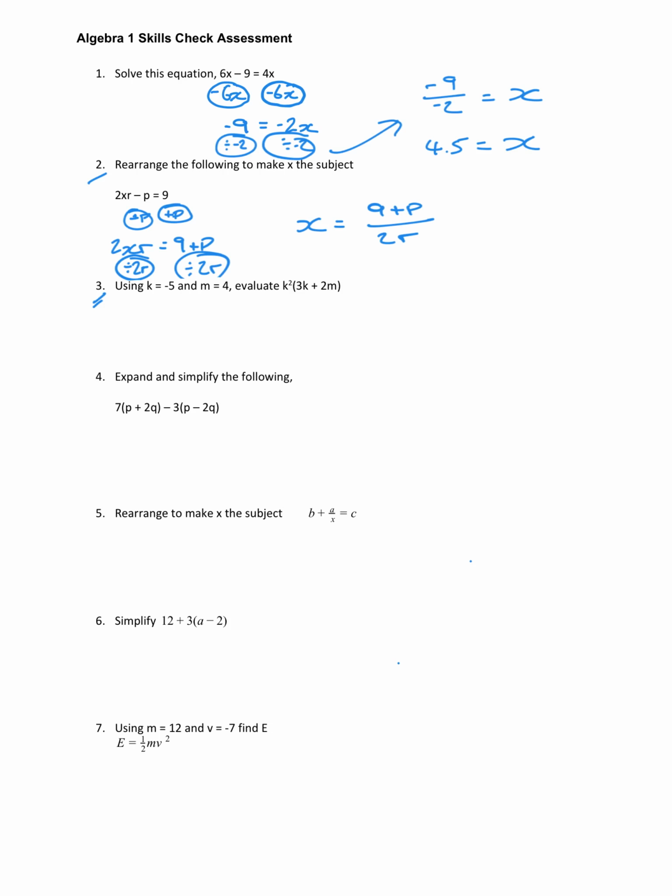So instead of k, we've got minus 5 squared, then 3 times minus 5 plus 2 times 4. And what's that? Well, minus 5 squared is 25. 3 times minus 5 is minus 15, plus 8.